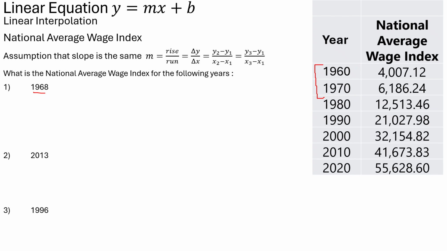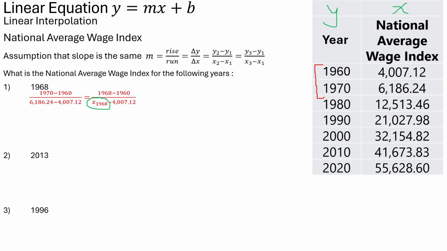And you have those two data points and you're searching for the data point that's associated with 1968. So let me erase that. Okay. So we're searching, in this case, I put it in the denominator here. So I'm making my national average wage index my X parameter and the year my Y. And if you did it the opposite, that works perfectly fine.